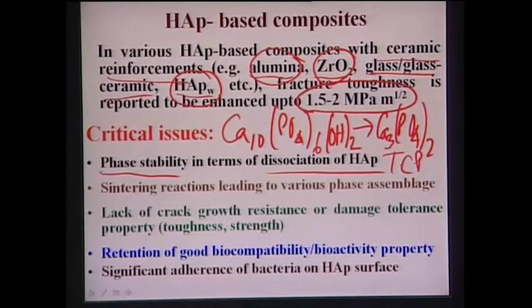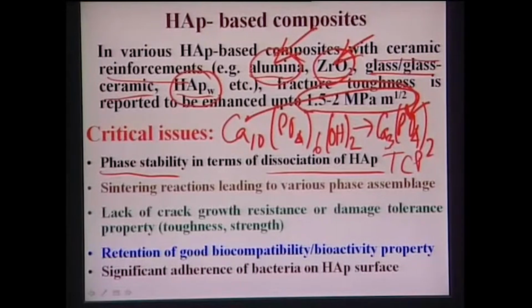This has two polymorphs, alpha TCP and beta TCP. This transformation of hydroxyapatite to alpha TCP or beta TCP takes place more favorably in some of the composites where you add alumina or zirconia as a reinforcement.